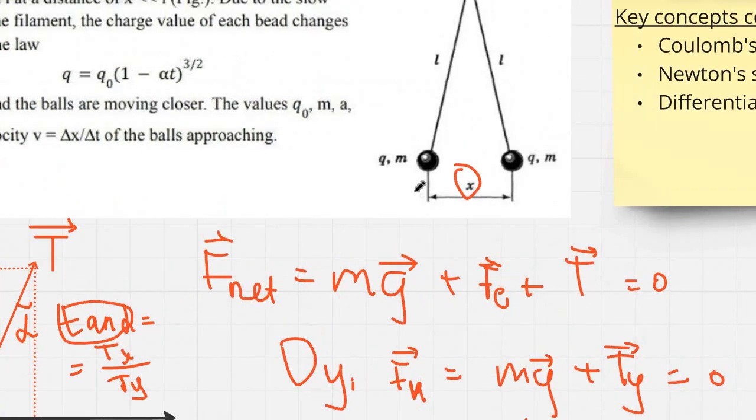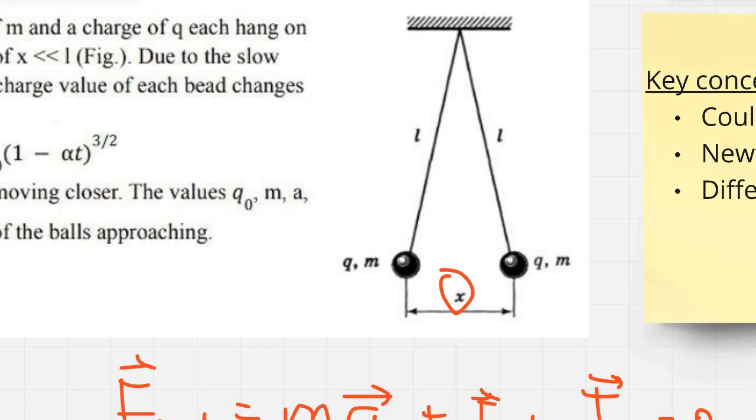Let's find it from here. The total angle between the strings is 2 alpha, but each string tilts by the same amount from the vertical, so we use the half angle alpha.